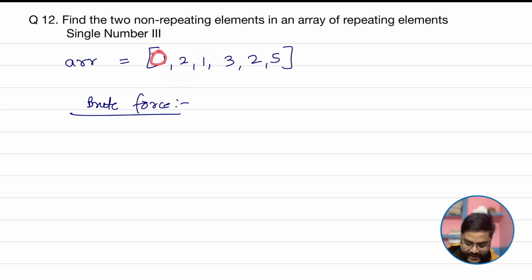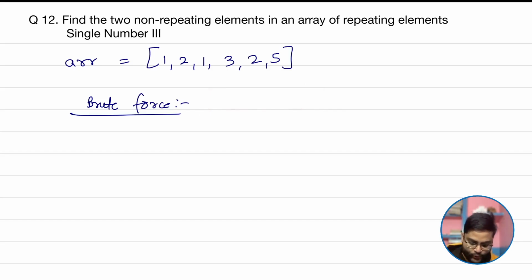At the end of traversal, if my count is 1, then I can add it to my answer. It is for sure that there are only two non-repeating elements in the array, so you will get two elements as the answer.